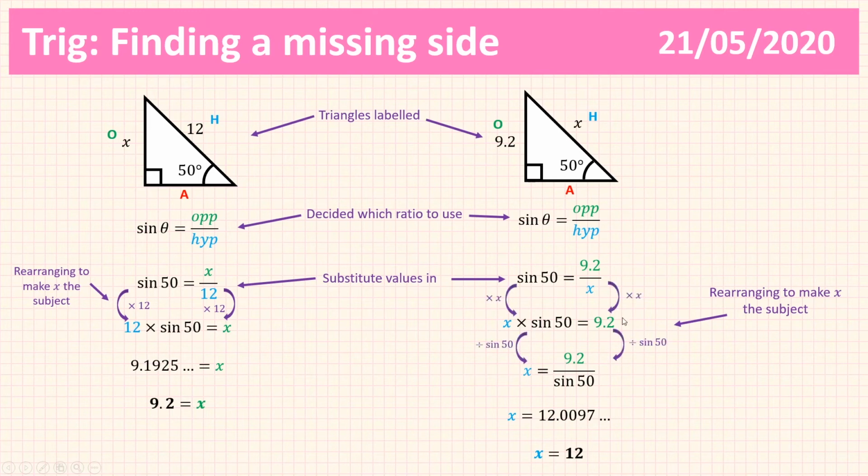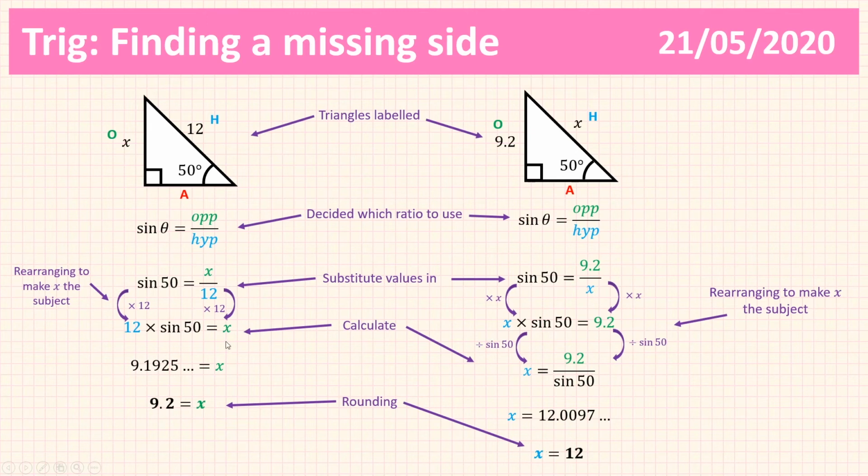They've had to multiply it by x first to remove x as the denominator here. So they multiplied both sides by x. And then they've had to divide both sides by sine 50 to make x the subject. That's the difference between these two. So then they calculate those two answers, they get some answers, and they round to get their final answer.